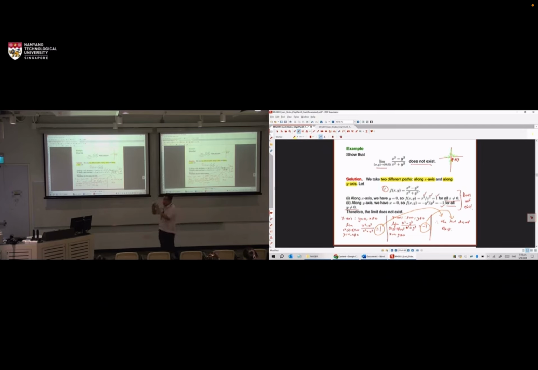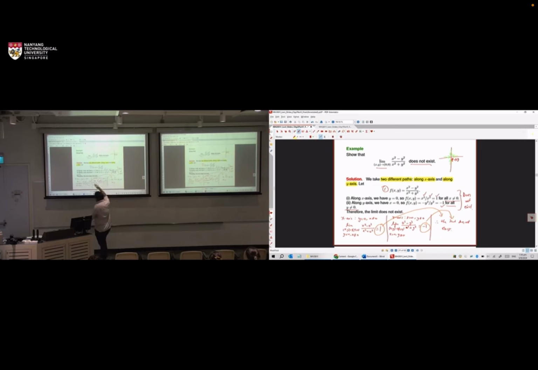Generally, we always analyze the x-axis and the y-axis. You consider the x-axis moving towards 0, 0, and also along the y-axis.